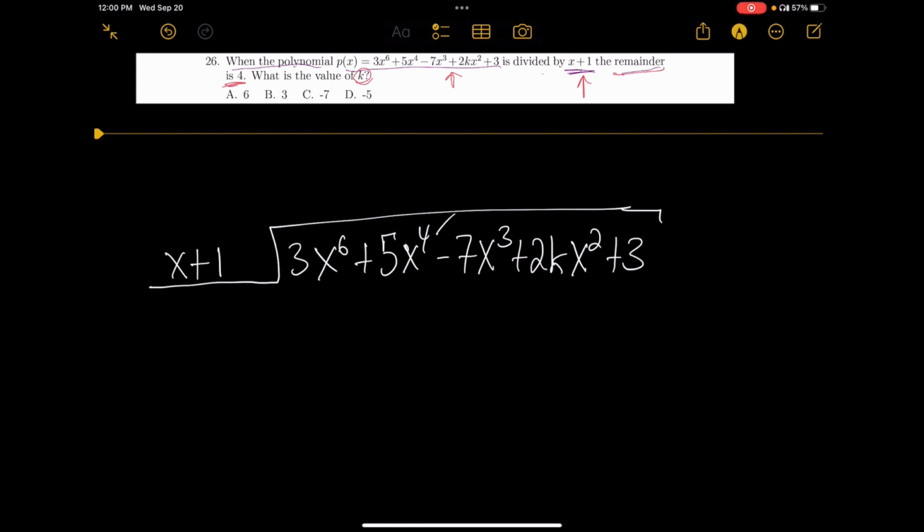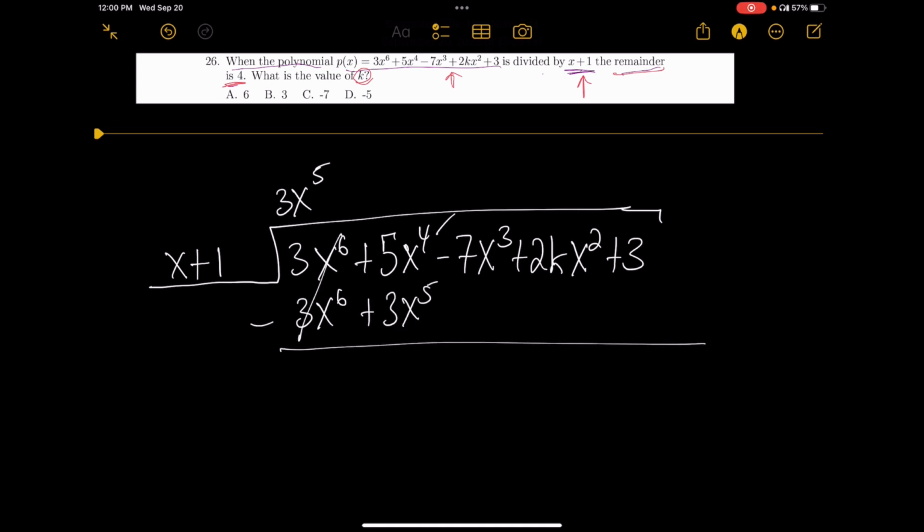We cut here, then put 3x to the power of 5 in the quotient. Then 3x to the power of 5 times x, we get 3x to the power of 6 plus 3x to the power of 5. Then we subtract, so this becomes negative 3x to the power of 5 plus 5x to the power of 4 minus 7x to the power of 3 plus 2kx squared plus 3.